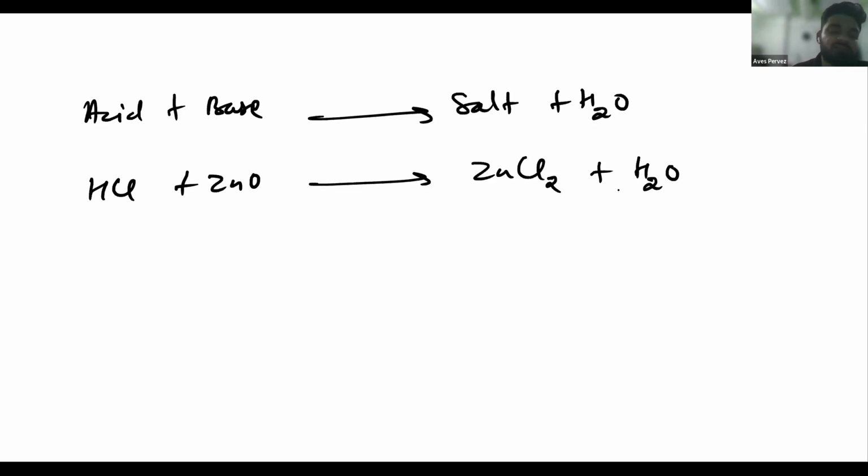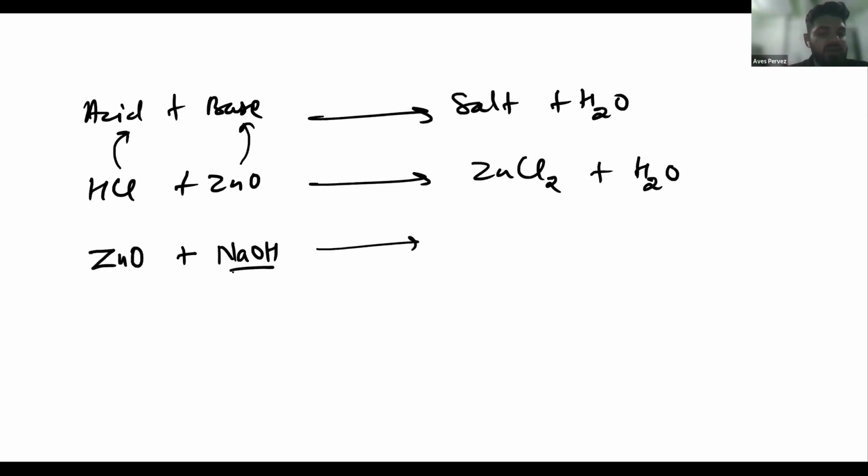Like HCl reacting with ZnO gives ZnCl2 plus water. This is the acid, this is the base, this is salt plus water. Now if we have the base NaOH reacting with ZnO, a base reacting with a metal oxide again gives Na2ZnO2, sodium zincate, plus water.